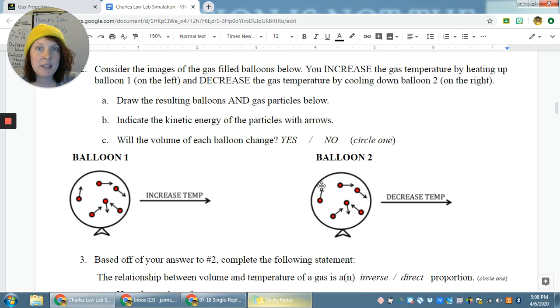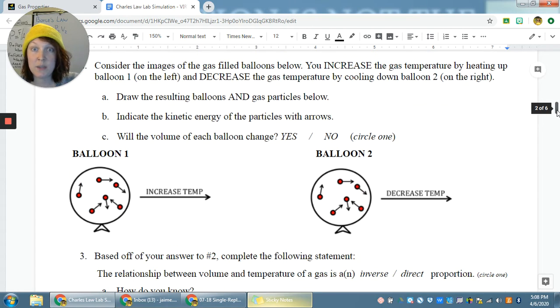We haven't done anything with the lab yet, so I don't expect you guys to know exactly what the answer is. But based off the background section, we should be able to predict. So for balloon 1, if we're increasing the temperature, we need to draw the resulting balloon with the gas particles below.